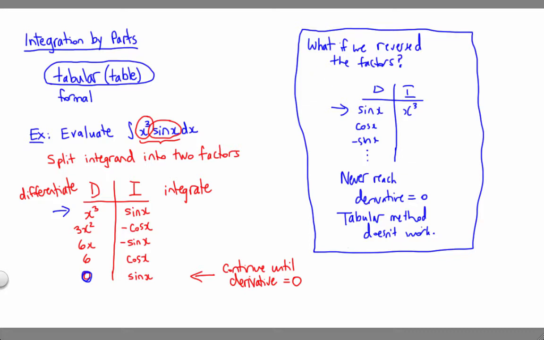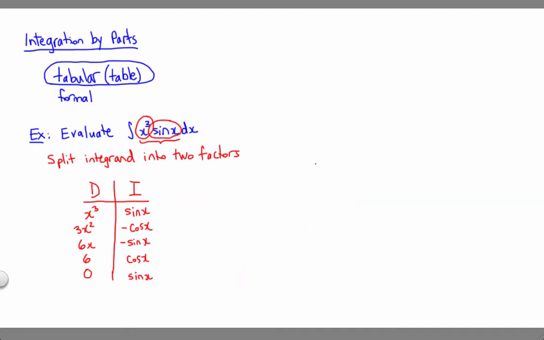So then we could cross that out and go back to our original approach. So at this point we've set up our two columns and we understand why x cubed goes in the D column, because that's eventually going to produce a derivative equals 0. So that's great. Now we're going to finish our calculation.